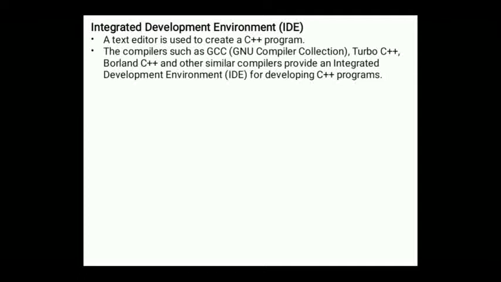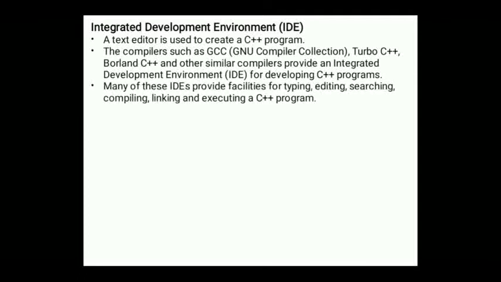Many of these IDEs provide facilities for typing, editing, searching, compiling, linking, and executing a C++ program. And we use the Geany IDE to illustrate the procedure for coding, compiling, and executing a C++ program.